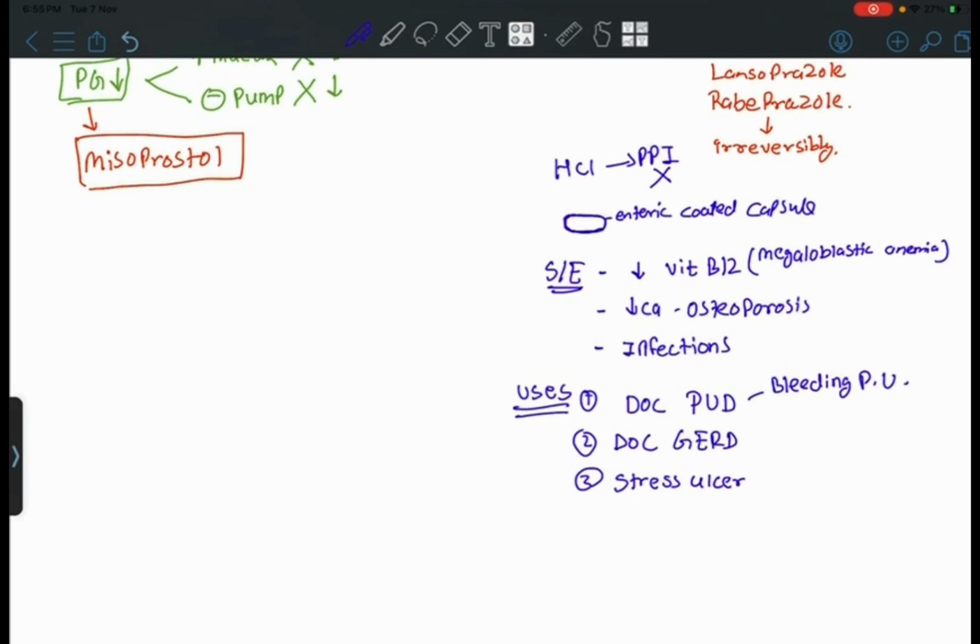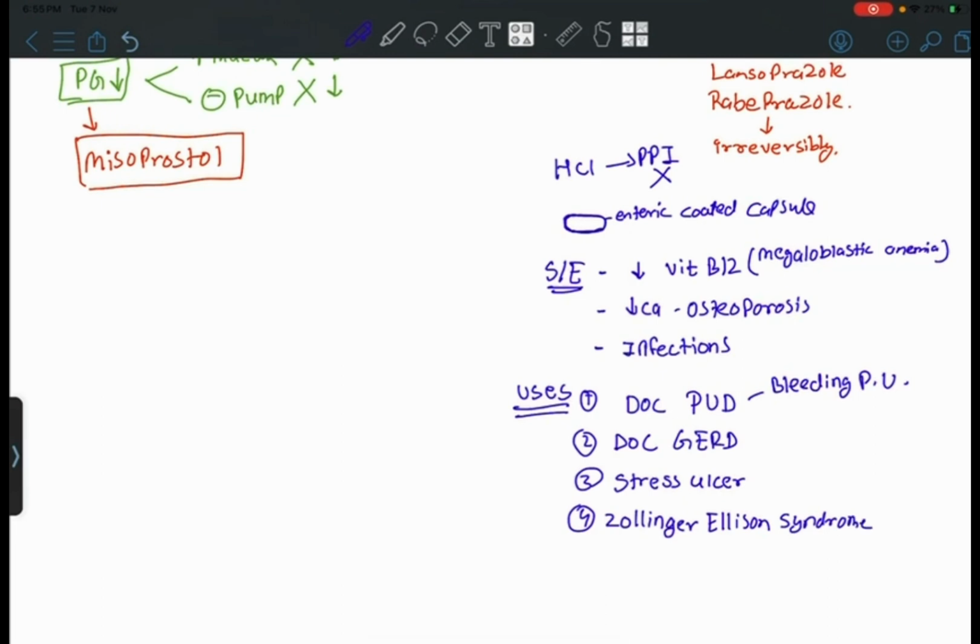We also give this in Zollinger-Ellison syndrome. What happens in this syndrome?